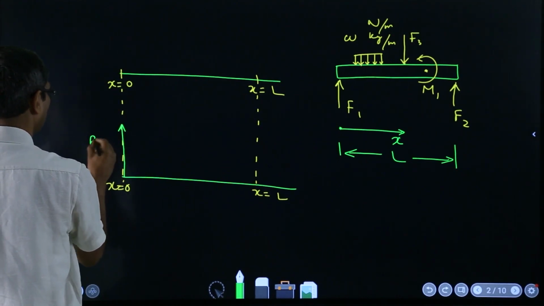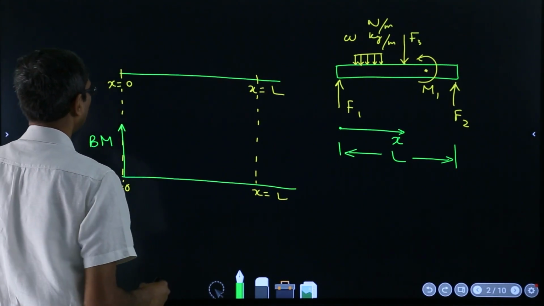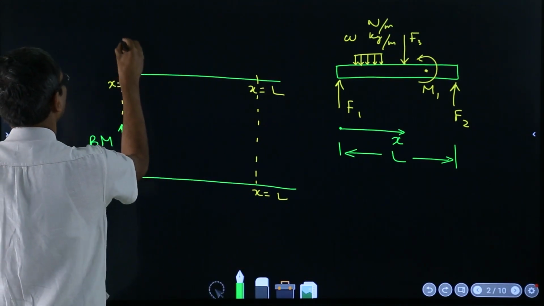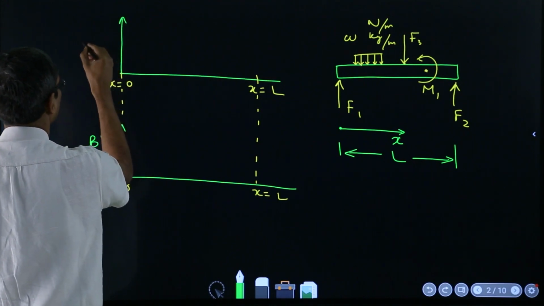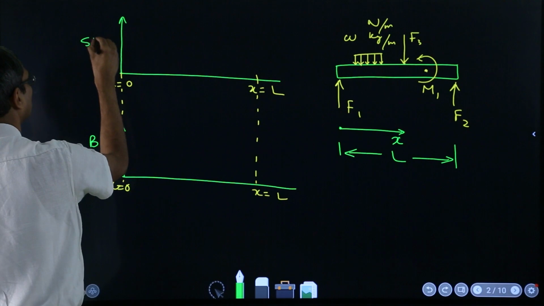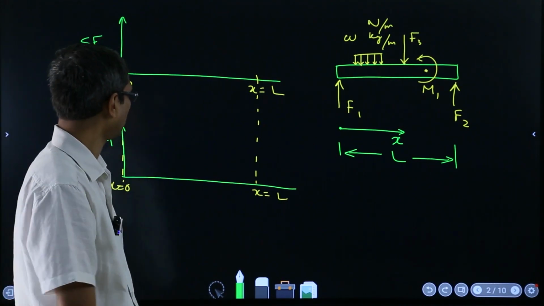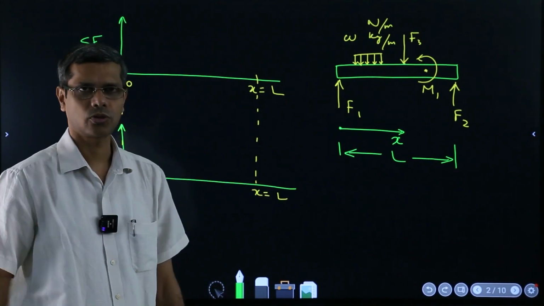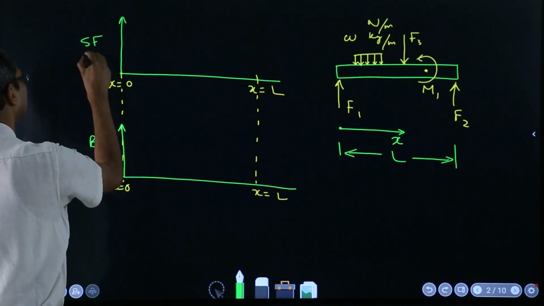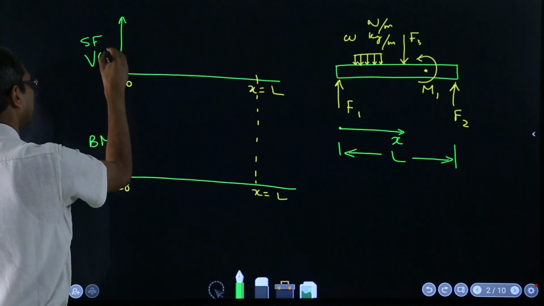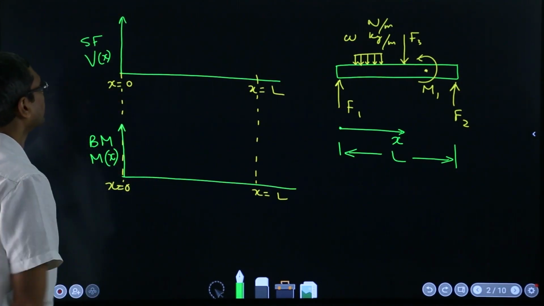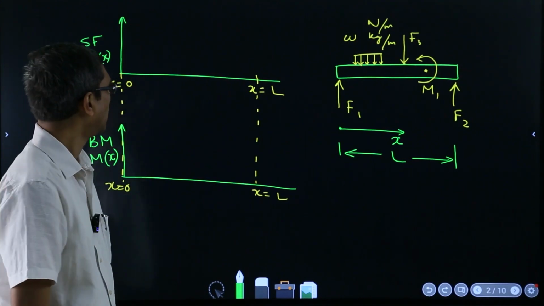Here the y-axis is my moment, bending moment in Newton meter maybe, and here we have shear force in Newton. We are trying to draw the plot of shear force. Generally it is represented as Vx and this as Mx, shear force and bending moment.